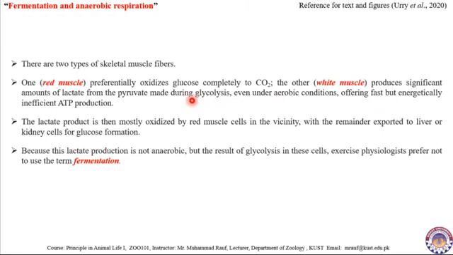Therefore, this glycolysis process occurs very quickly as compared to the completion of the full 3 stages. So even in the presence of oxygen, the glycolytic pathway is preferred to generate ATPs urgently, and in this way, even in the presence of oxygen, lactate is produced. So therefore, this is not referred to as fermentation.